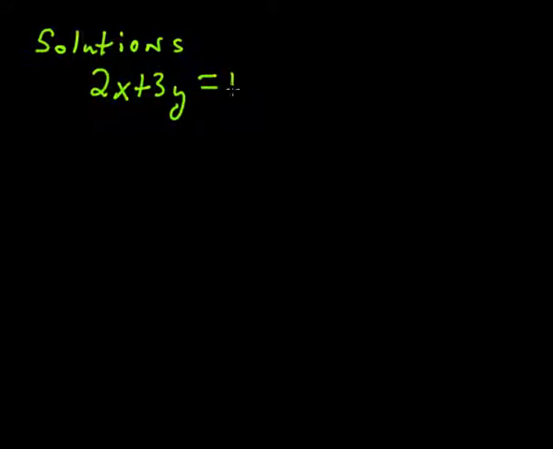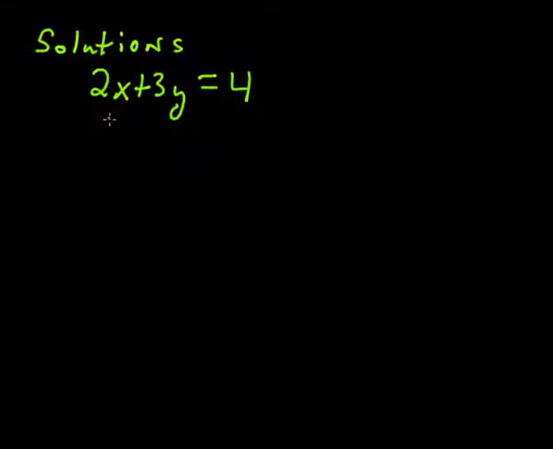So we have solutions now for linear equations, where if we have 2x plus 3y equals 4, we get multiple answers.